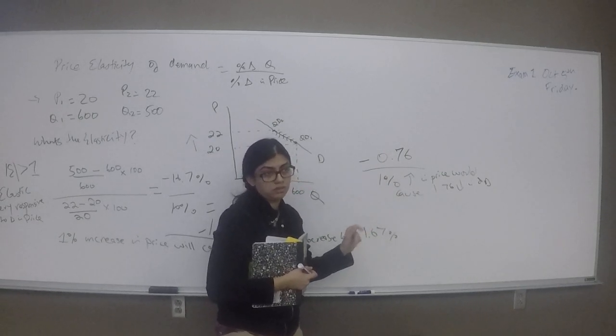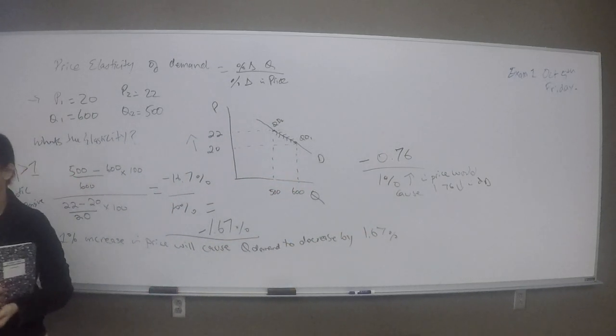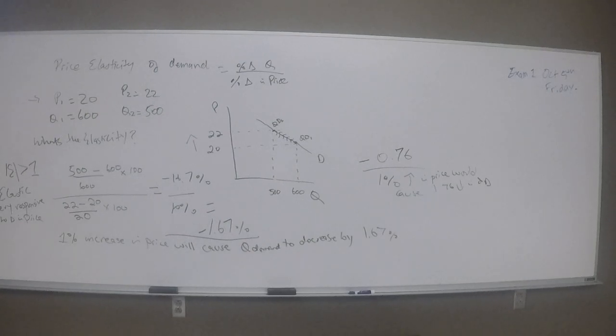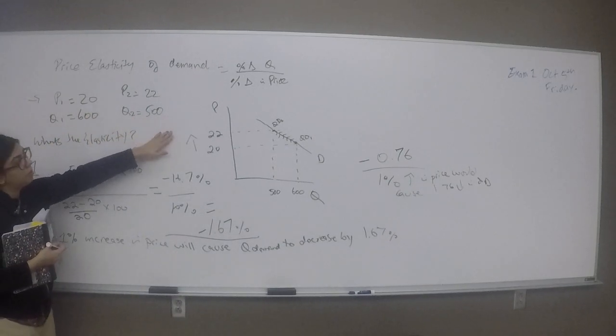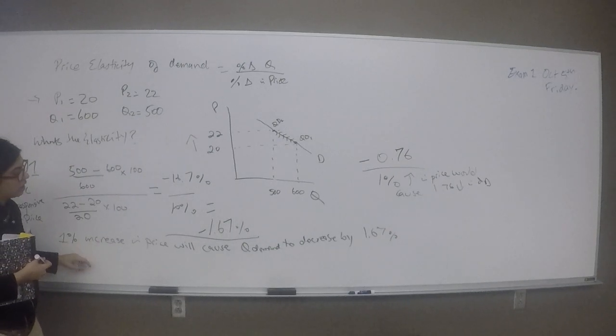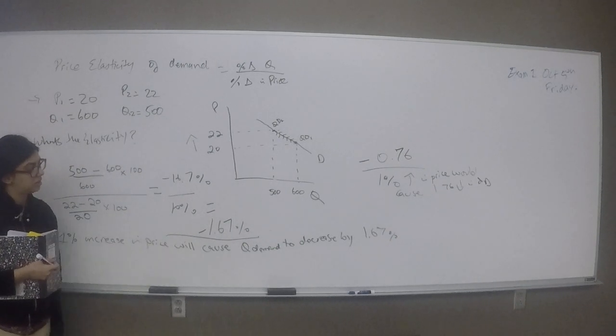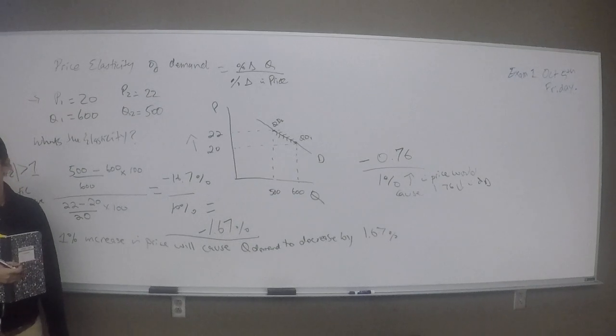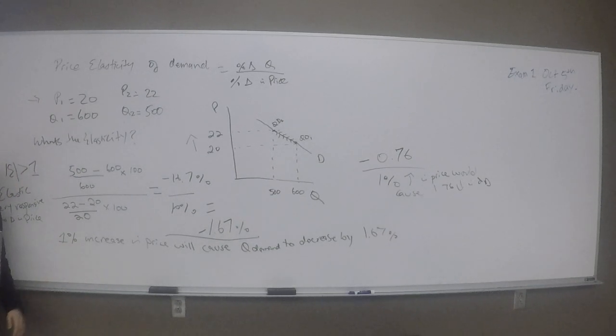I'm still kind of confused where you got the 1% from. That's just how change in percentages work. Anytime you have a change in percentage formula, a 1% change is going to cause this much change in quantity demand.